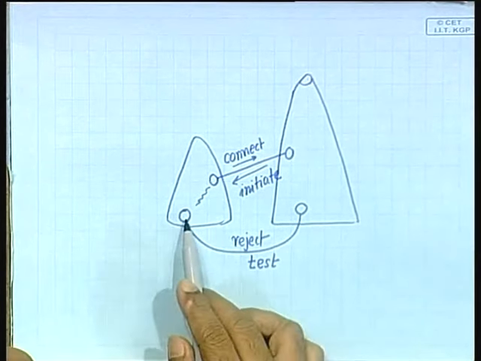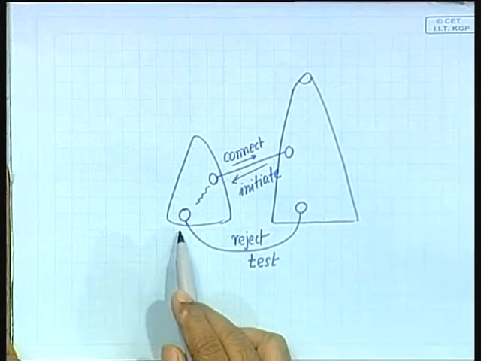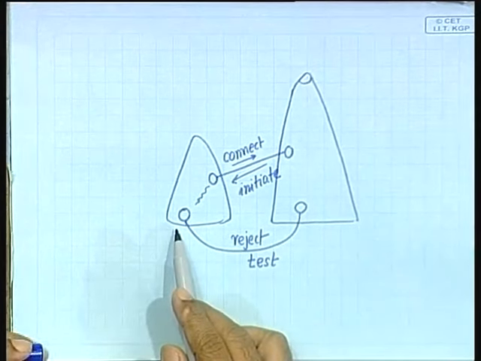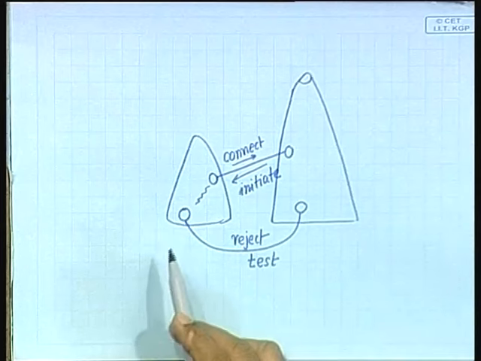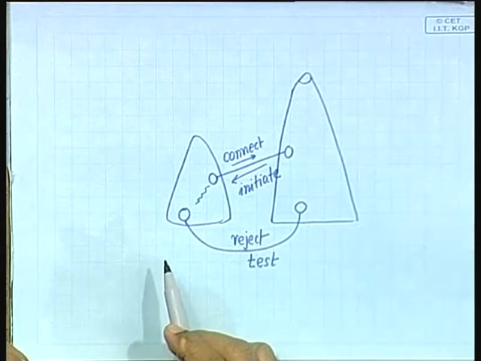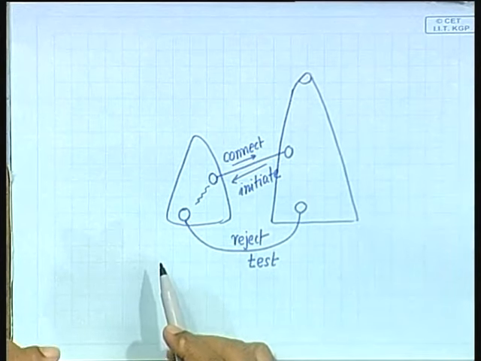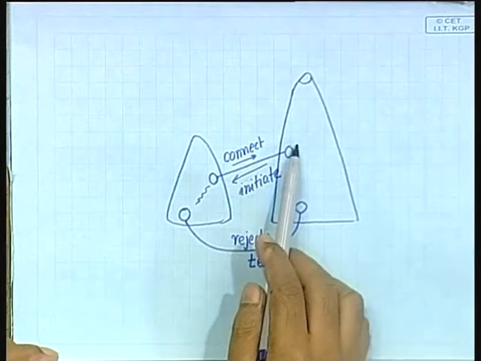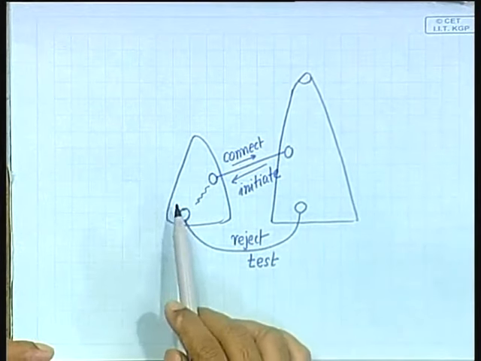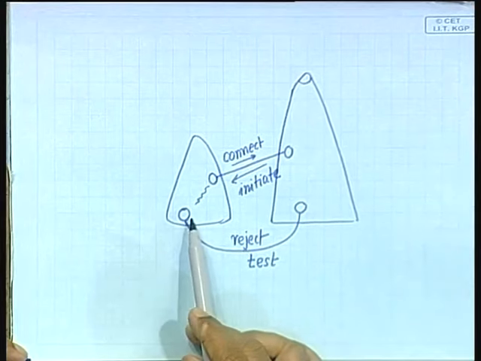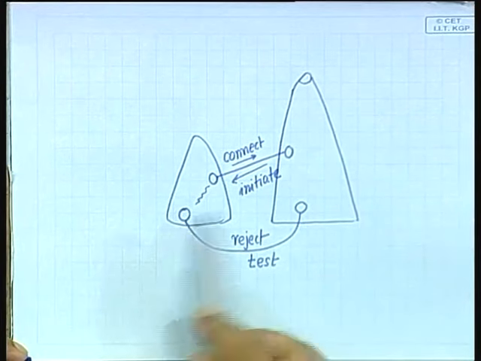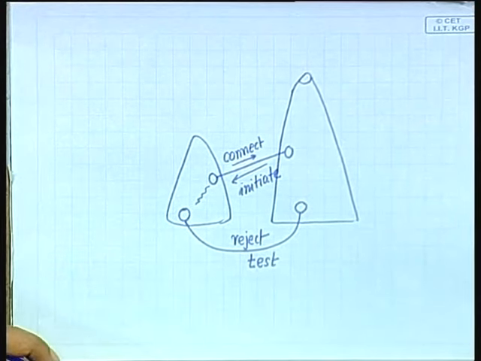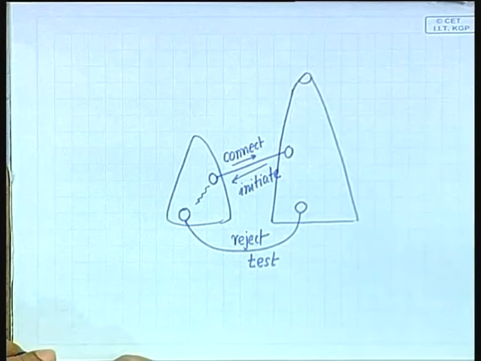So, the smaller fragment, when it gets a test message from a larger fragment, it will not immediately respond, it will wait, because it is quite possible that this fragment is joining into that fragment, and therefore its name will actually change to the name of that. Okay. Is that clear?